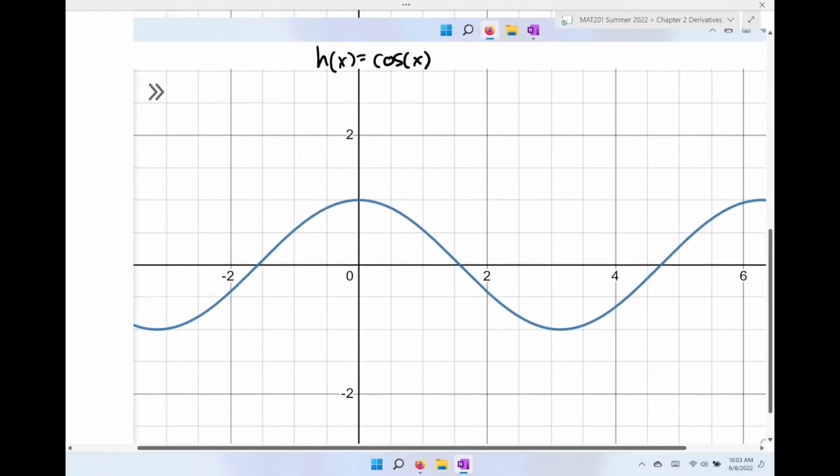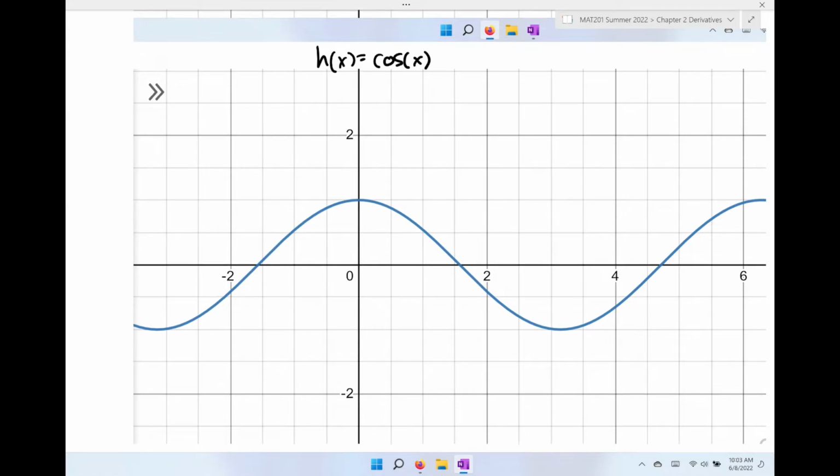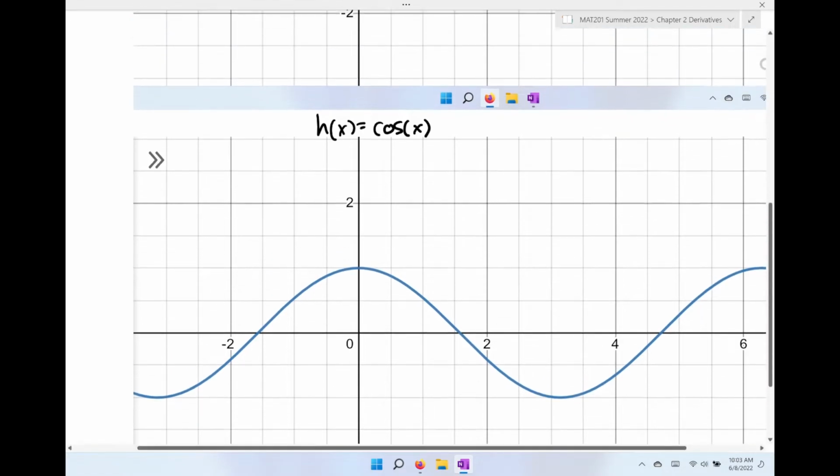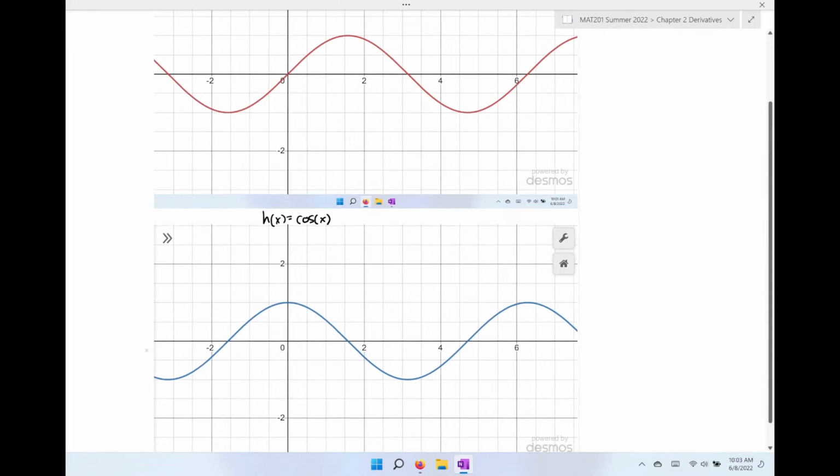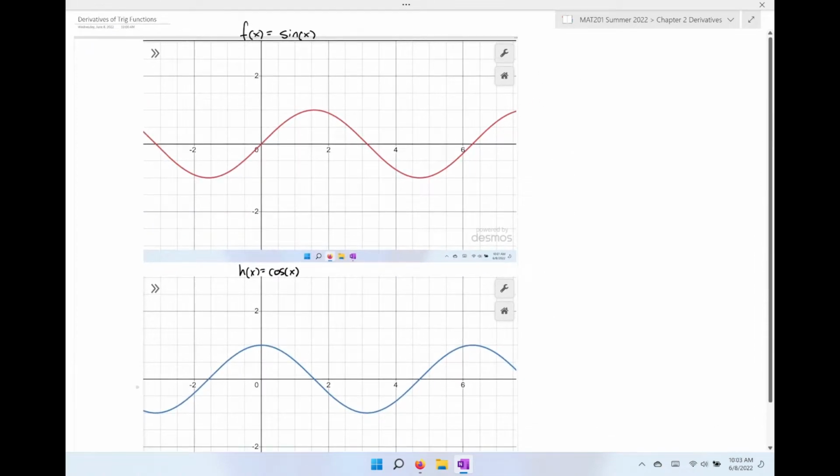Okay, so if you remember in the previous video about taking a graph of a function and then finding the graph of its derivative, we're going to do the same exact thing here. You can see that I have sine x on the top and cosine x on the bottom.